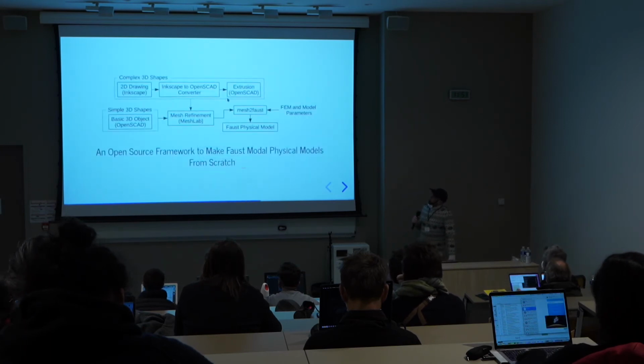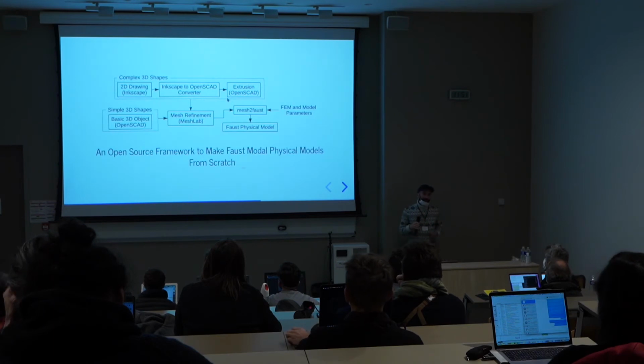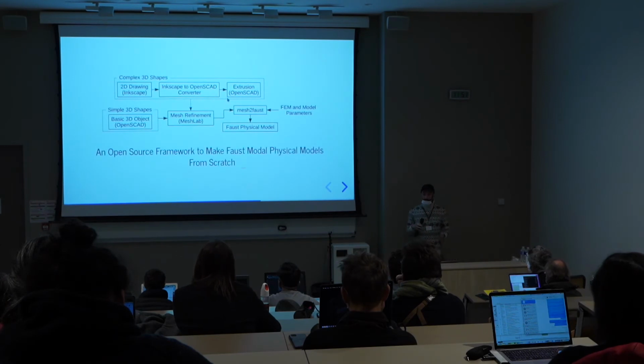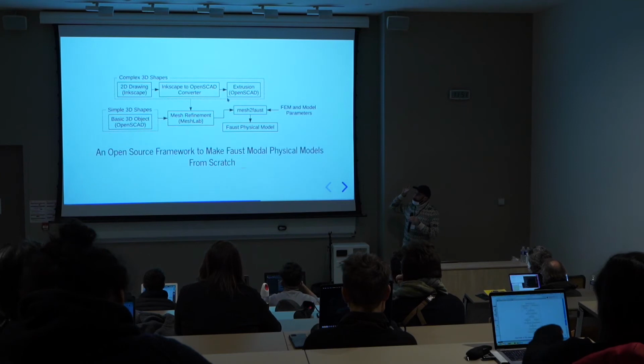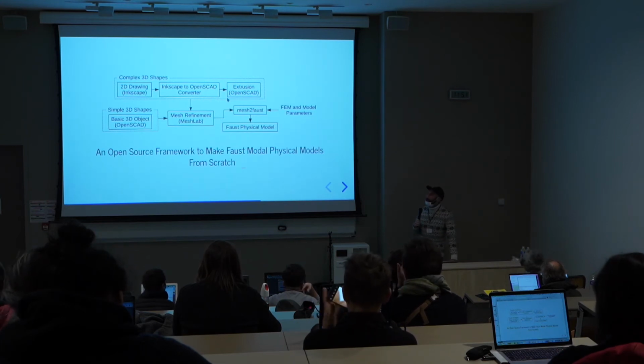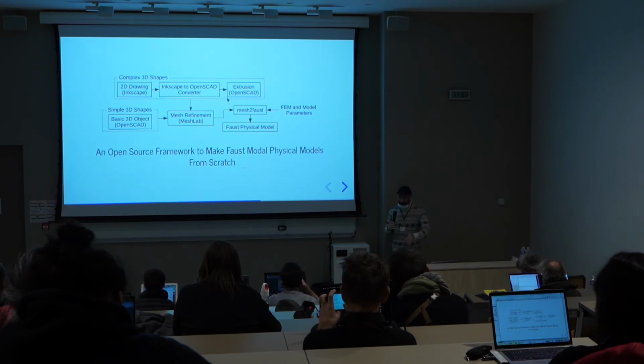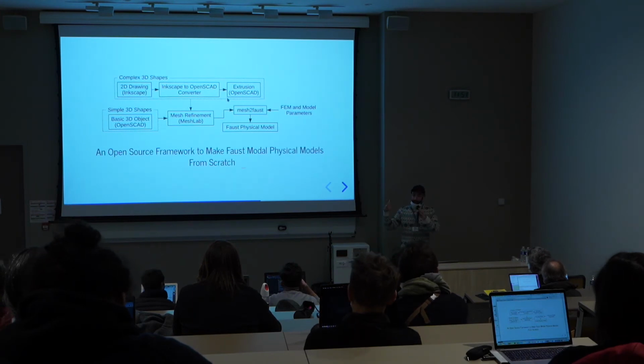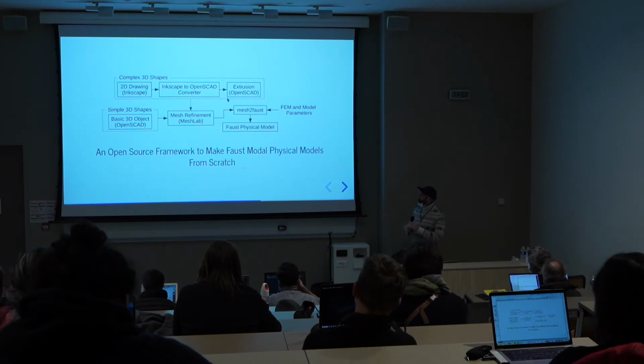Because at GRAME we like open source, we wanted to provide people with a completely open source framework to work with this. There is actually an alternative, which is using Blender, because Blender is completely open source. One of Stefania's students a couple of years ago implemented Blender2faust, which is based on Mesh2faust and allows you to draw something in Blender and then export it to a Faust physical model using Mesh2faust.